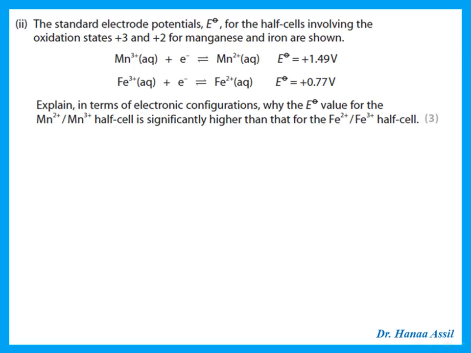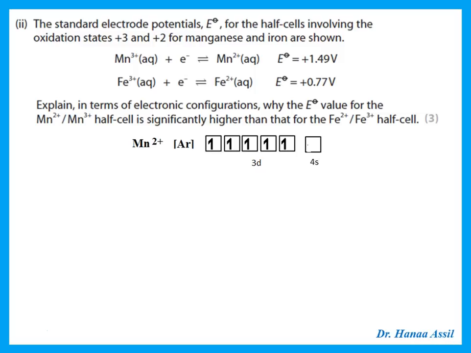The standard electrode potentials for the half cells involving oxidation states +3, +2 for manganese and iron are shown. Explain in terms of electronic configurations why the E0 value for the Mn2+ to Mn3+ is significantly higher than that of iron 2+ to iron 3+. Well, let us take a look.